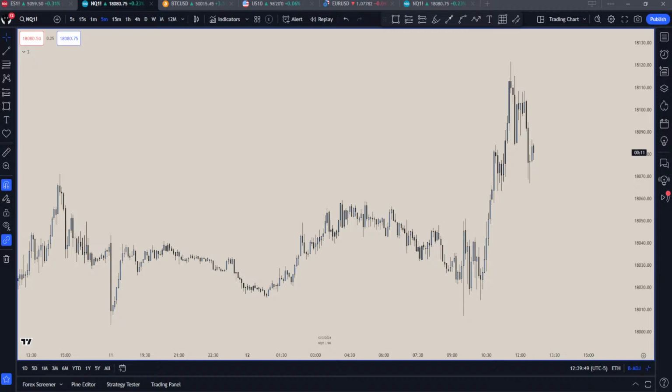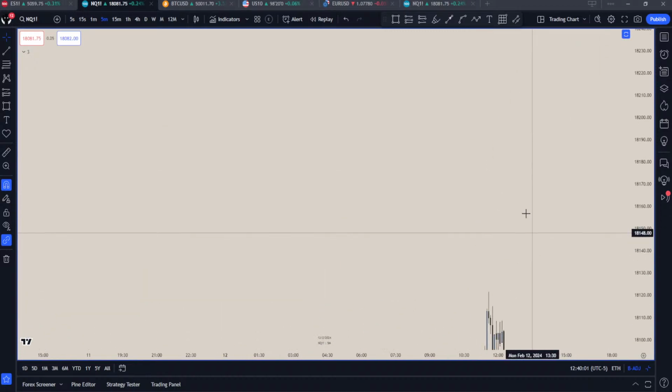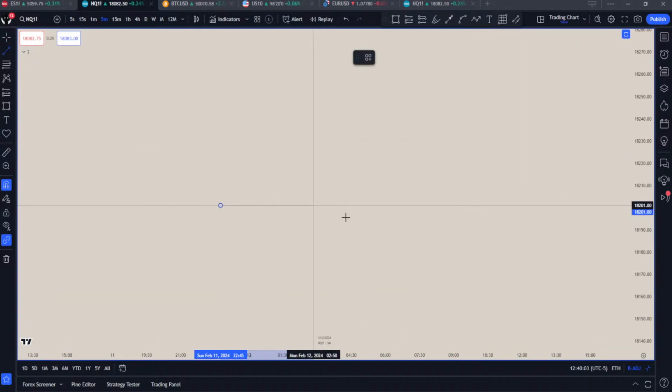Imagine you're bullish and above midnight open, but there's a PD array above. Okay, let me just draw this out. Imagine you're above the midnight open, but there's a PD array above it too, below 9:30.